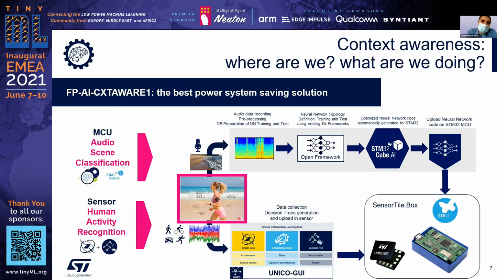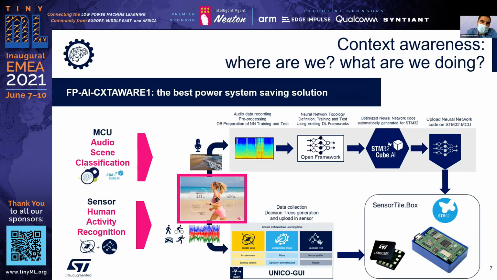Then we have also the human activity recognition algorithm that instead runs directly on the smart sensor, the LSM6DSOX, an IMU 6-axis accelerometer plus gyroscope. In this way, when this algorithm runs, we can stop the STM32, and this way we can save the battery of our device. So this is a typical low-power application, very useful for wearable devices.